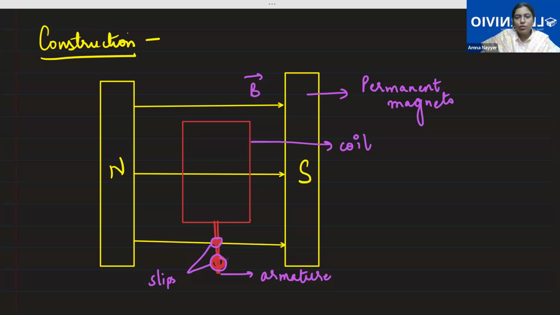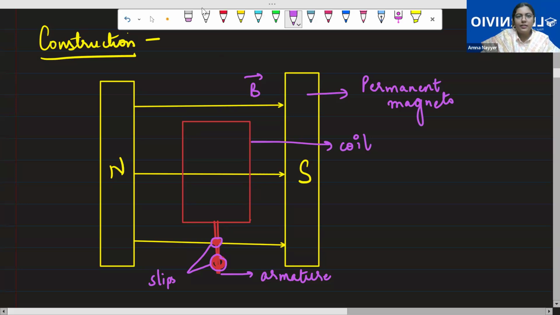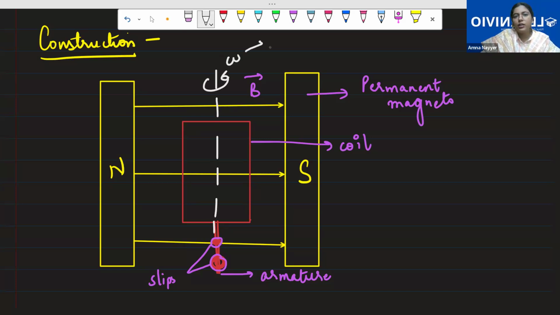So basically what happens here is the coil rotates with some angular velocity omega. This is the angular velocity, omega. Now we have studied the basics of flux, that is BA cos theta. I'm just telling you in a gist. We'll do this in detail, but just a bit of an idea so that you can figure what all things are coming ahead.